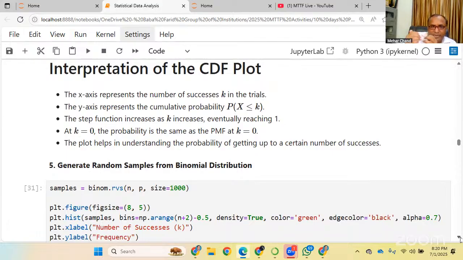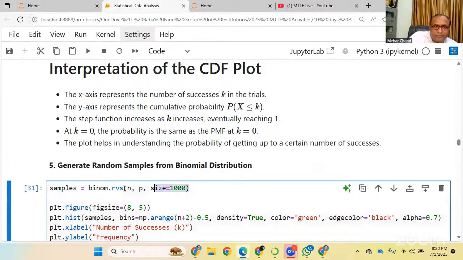Now we will generate a sample from the binomial distribution. So here we have the sample. You can see binom.rvs we are using, RVS, with n, p, and size 1000.